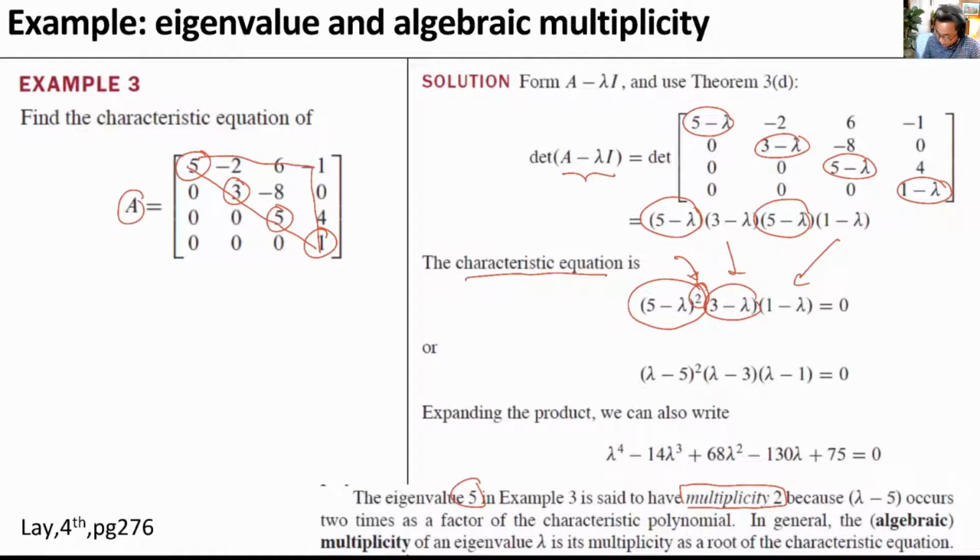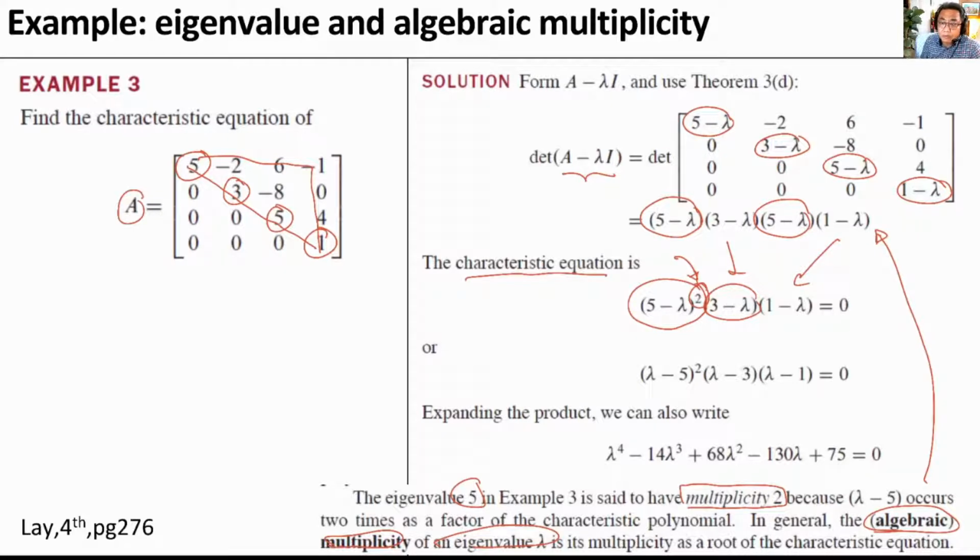And this is called the algebraic multiplicity of the eigenvalue lambda. The word algebraic is used because we are dealing with this polynomial, and the eigenvalue repeated twice is read from this equation.